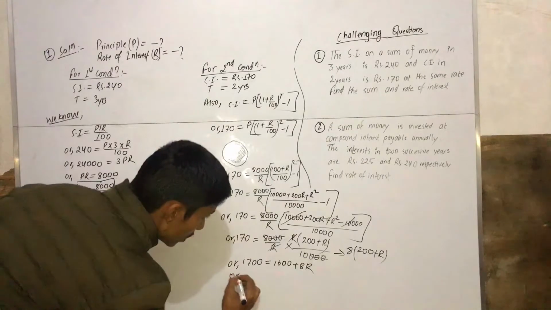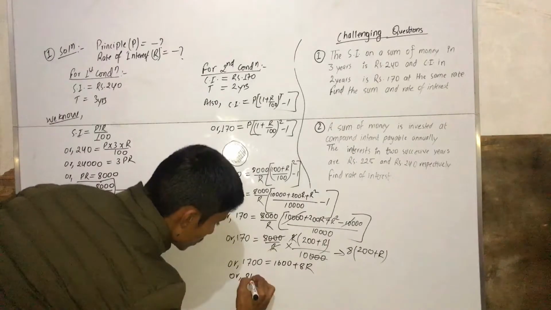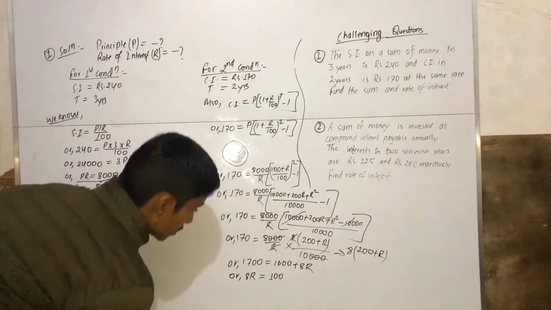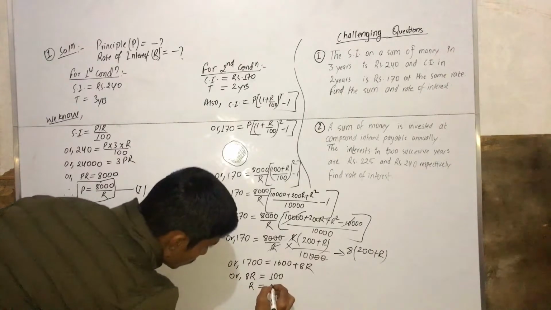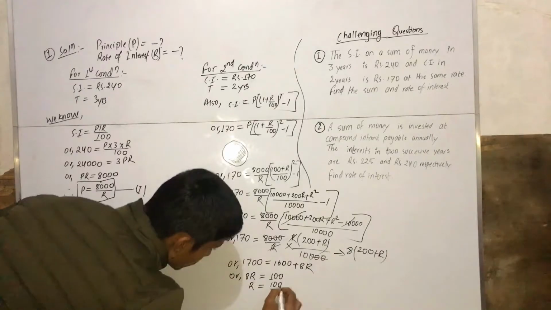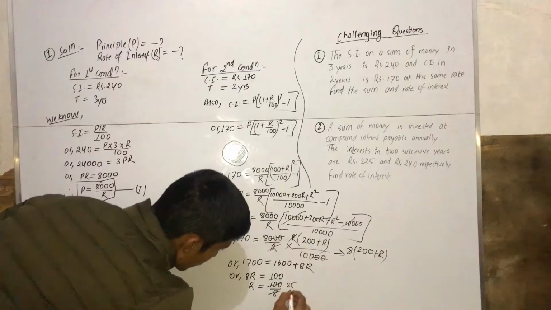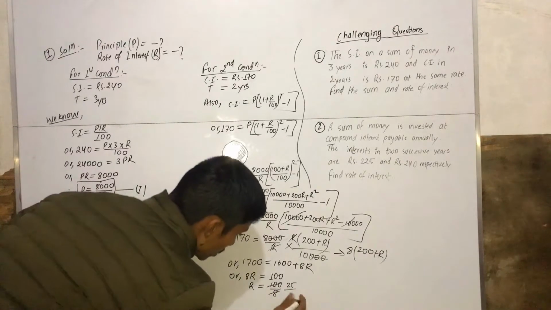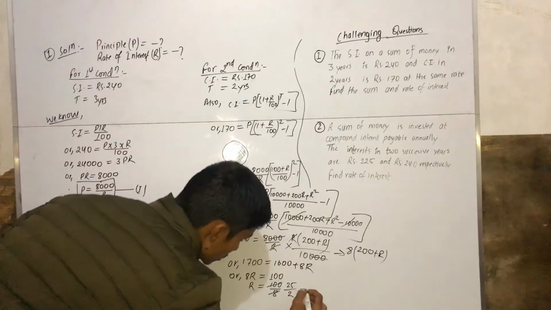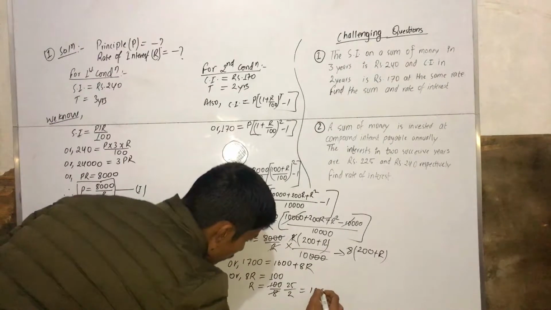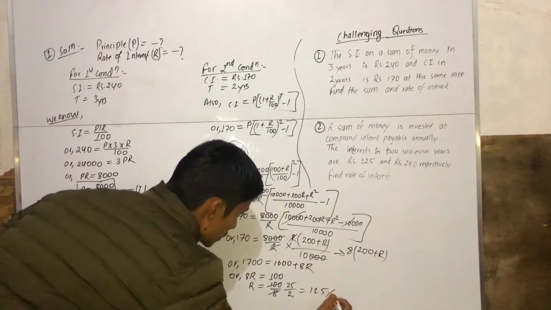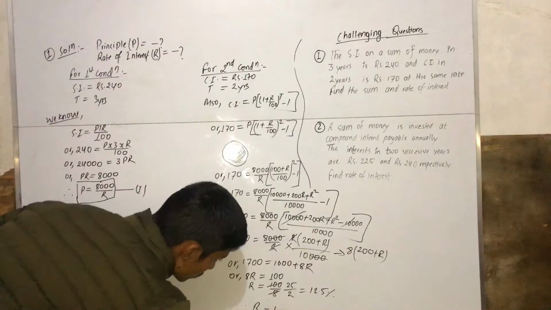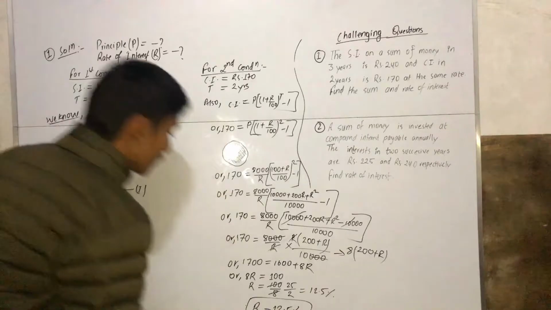We find the value of R: 8R is equal to 1700 minus 1600, that is 100, and R is equal to 100 by 8, which is 12.5. This is our rate, that is R is equal to 12.5%.